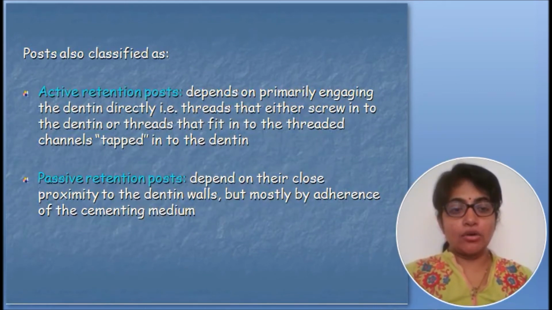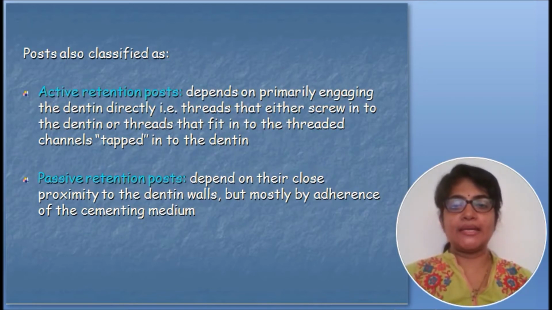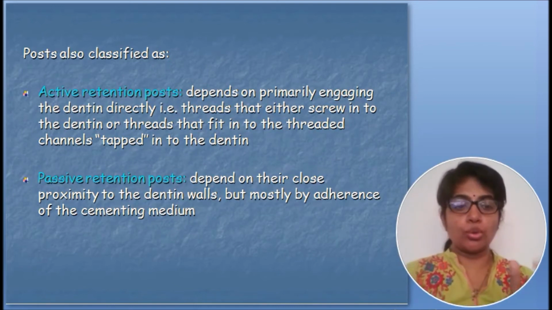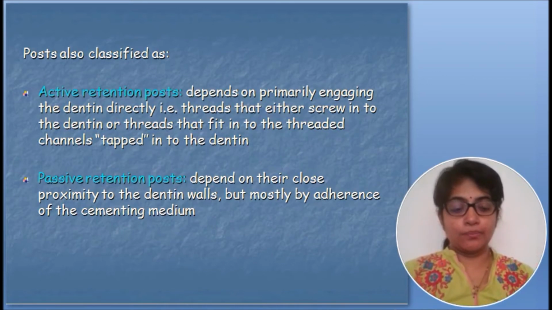There is another way of classifying posts depending on active or passive retention. For active retention posts, the post depends primarily on engaging the dentine directly. So there are threads which engage or screw into the radicular dentine and fit in the canal space.